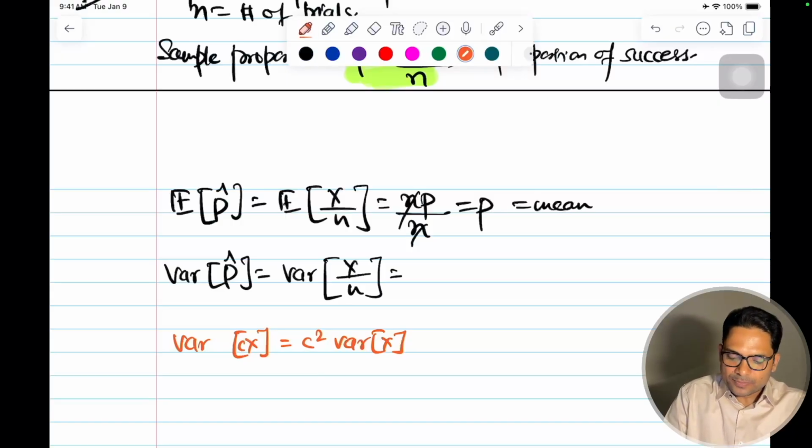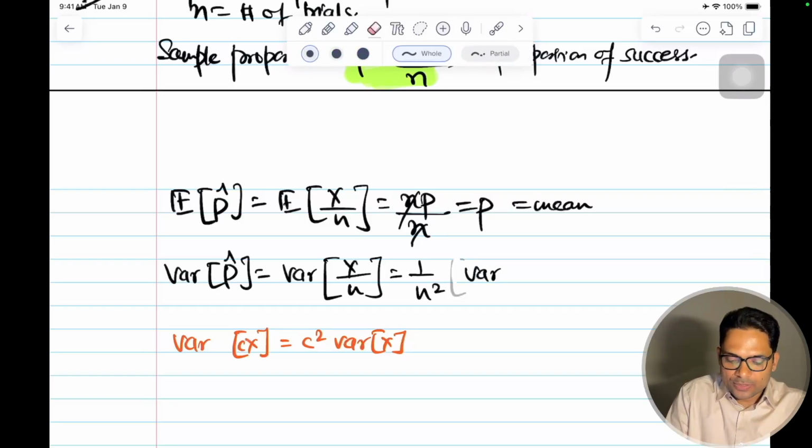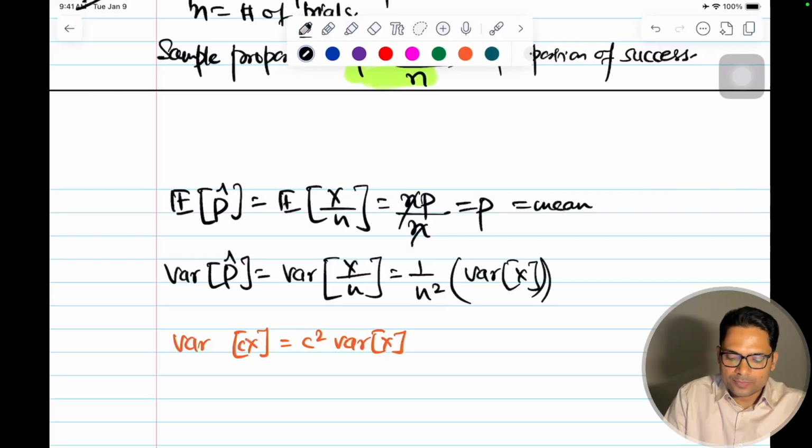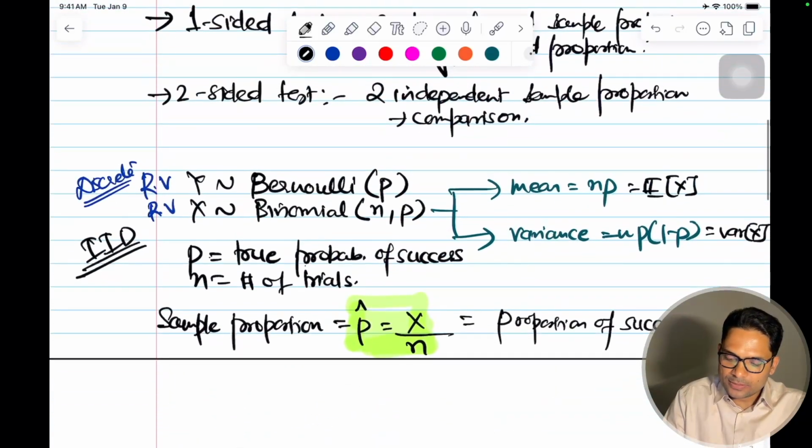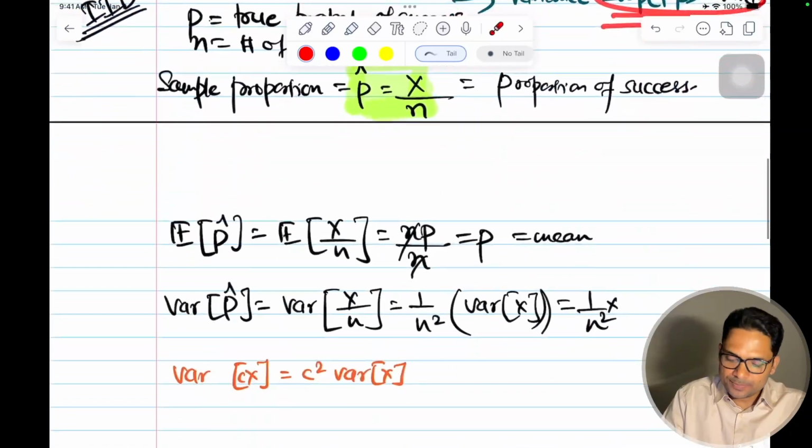So here n is our constant. Similarly, 1 by n is the constant. So this will come out. So this will become 1 by n square times variance of x. What is the variance of x? This is your variance of x: np into 1 minus p.